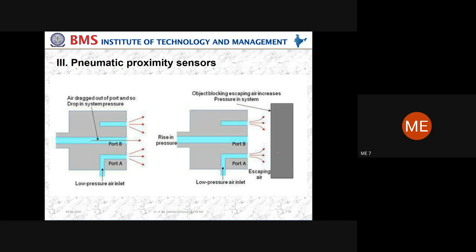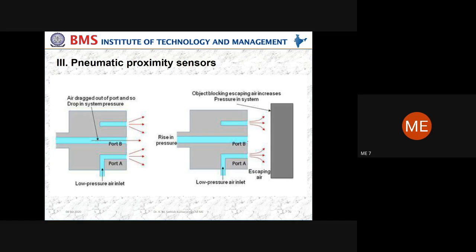If the closeness is very small, there is more pressure. On the other side, if you move it away, the pressure is going to reduce. So the increase or reduction in the pressure can be correlated with the distance of the object in front of the sensor. These are the things that we have discussed.